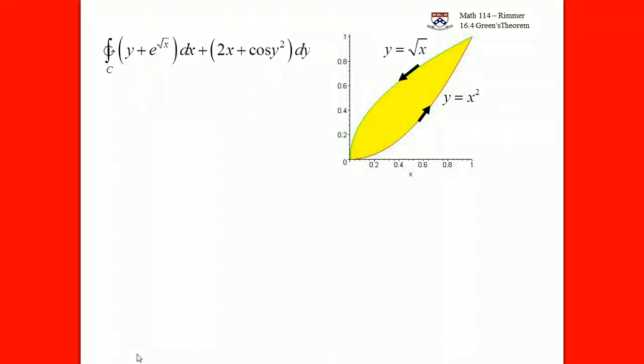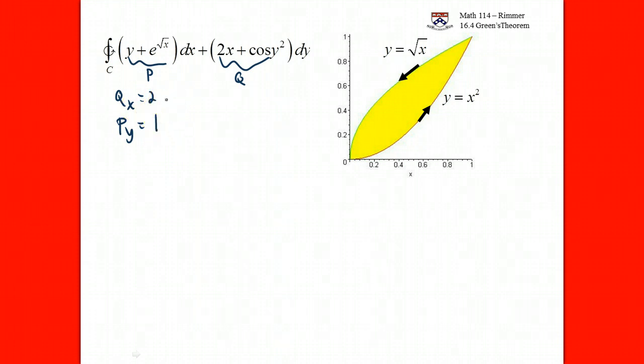So the moral of the story is to do the y partial of P and the x partial of Q. X partial of Q first. What is the x partial of Q? Qx is 2. What is the y partial of P? That whole e to the root x, that's constant.